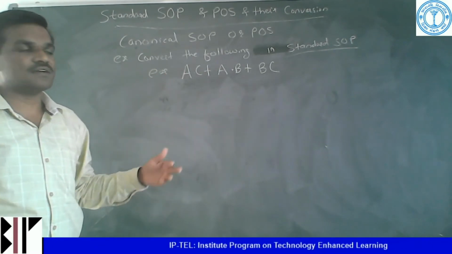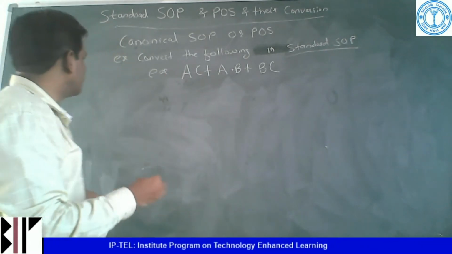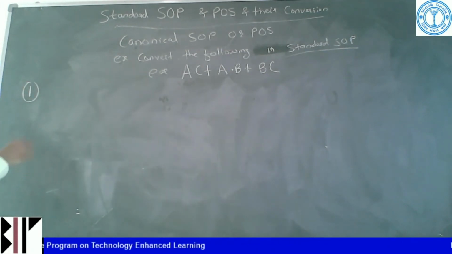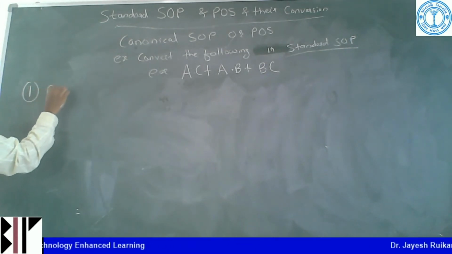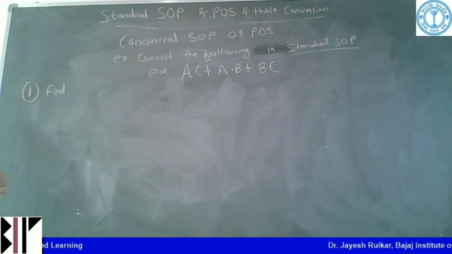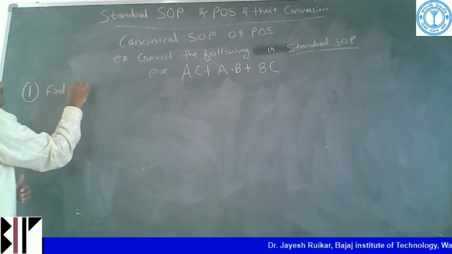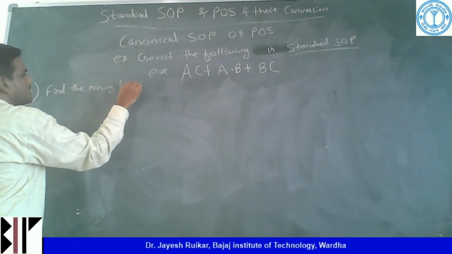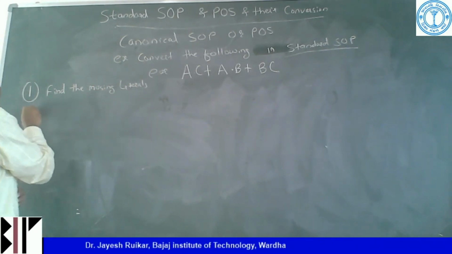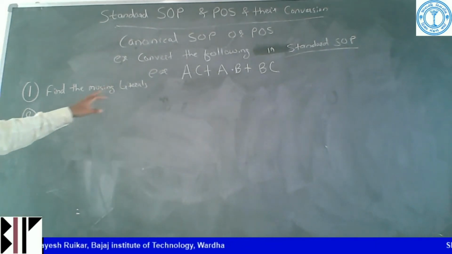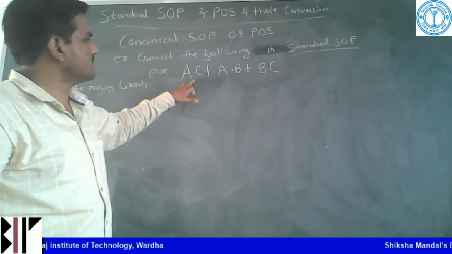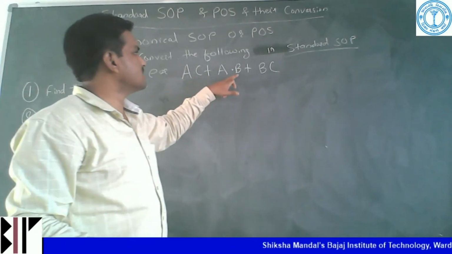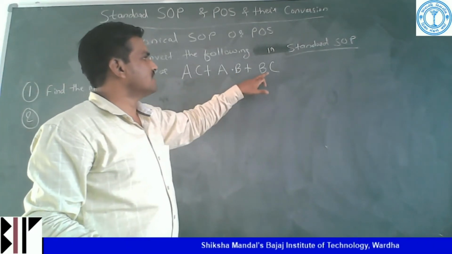So how do I convert? It has some rules. First, you have to find the missing literals. Here, what is missing? In the AC term, B is missing. Here C is missing, and here A is missing.